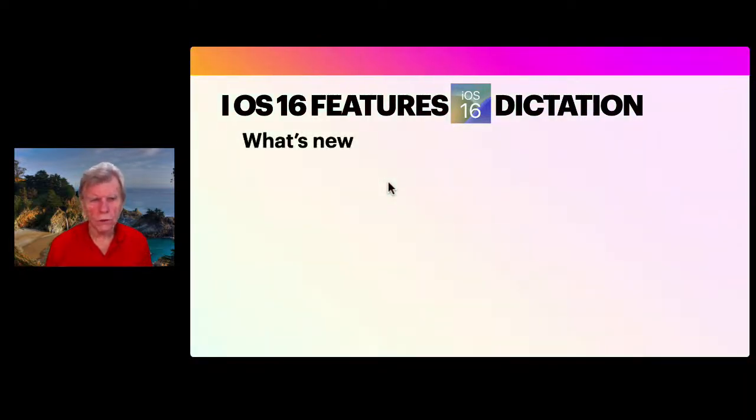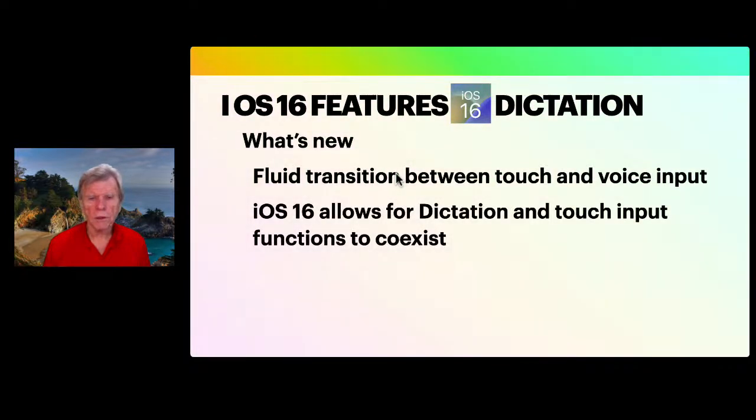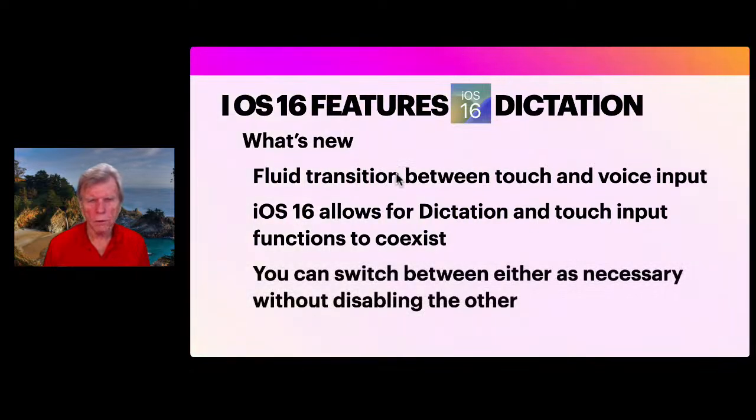So what's new in dictation? Well, the big feature is the fluid transition between touch and voice input. iOS 16 allows you to dictate and then touch the keyboard or the text and type for a little while, and then you can just start dictating again, and that way you can switch between either without disabling the other one.